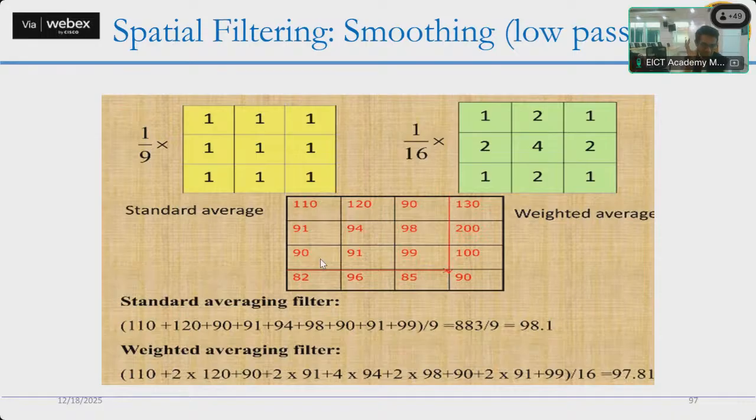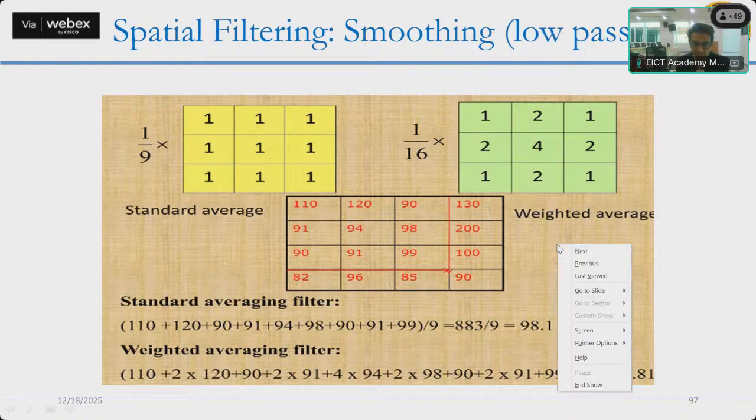Here somebody may ask, can you apply the mask and get the value? Yes, we can easily do it. So on which element do we want to put it? Here, if you observe, we are applying it on this 94 pixel. How are we applying it?